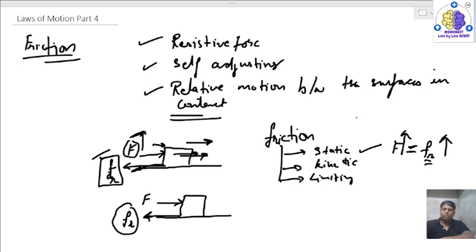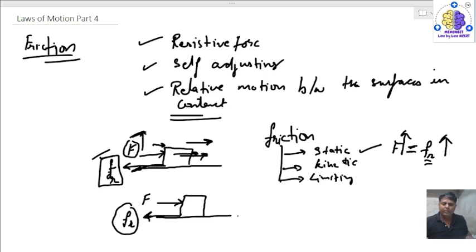So when we apply a force on a body and the body has a tendency of moving in the direction of force but is not moving, the frictional force acting between the surfaces in contact is the static frictional force. The static frictional force is self-adjusting. It will increase or decrease or change as the external force changes.